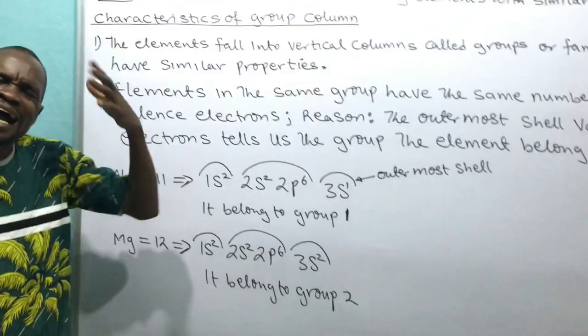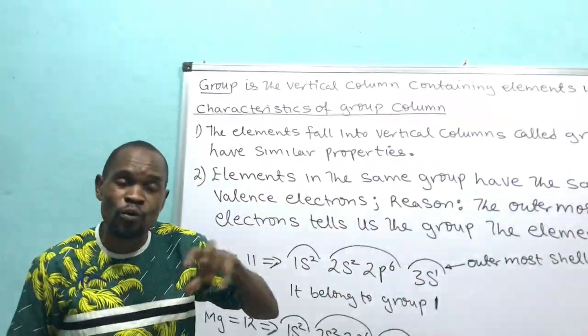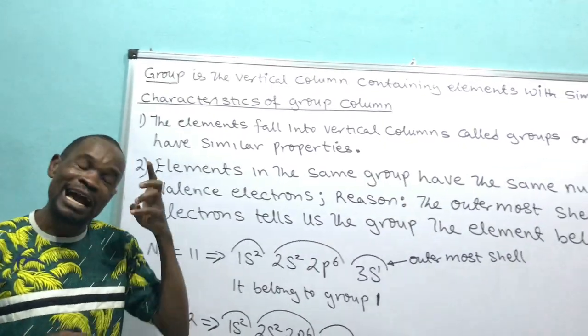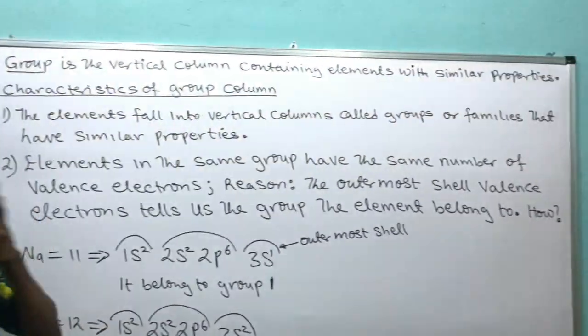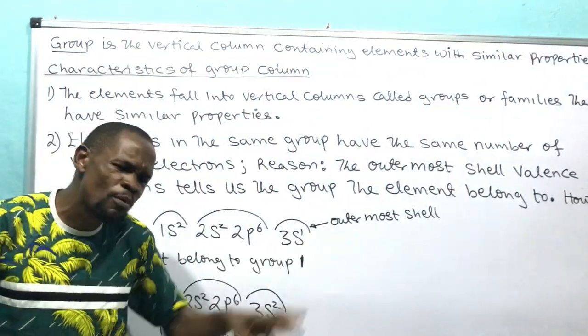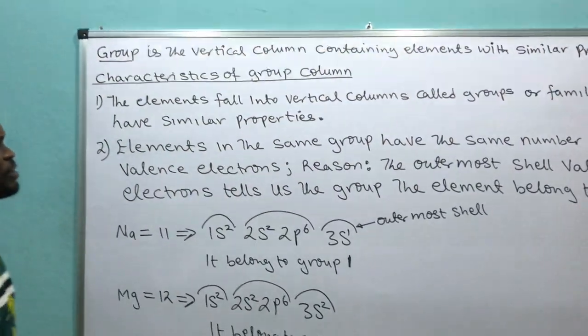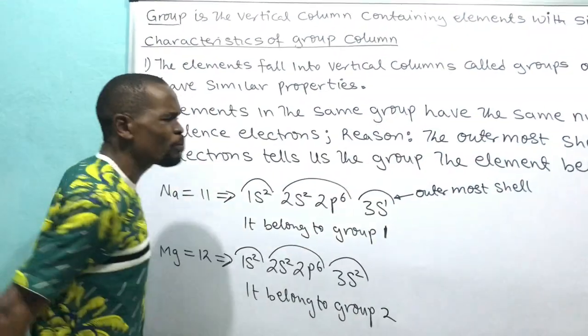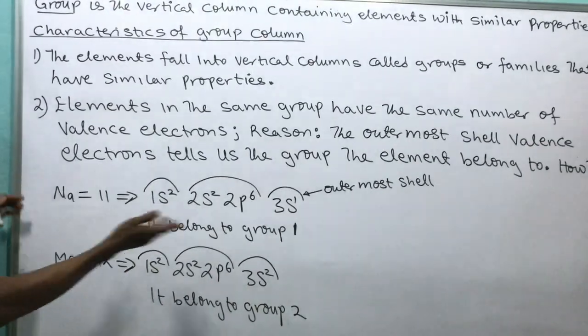How? The outermost shell valency electron tells us the group which the element belongs to. And the first characteristic says elements that belong in the same group have similar properties, both physical and chemical.